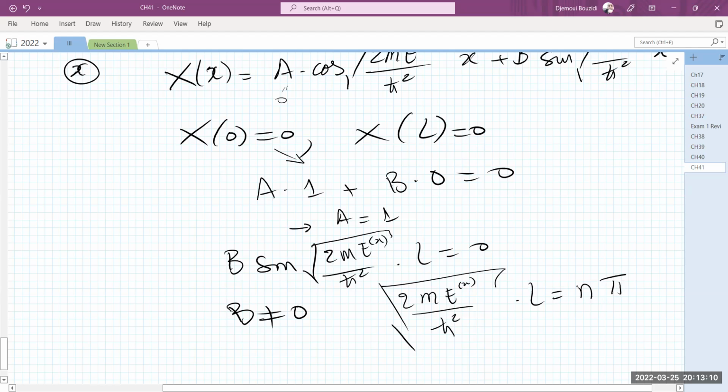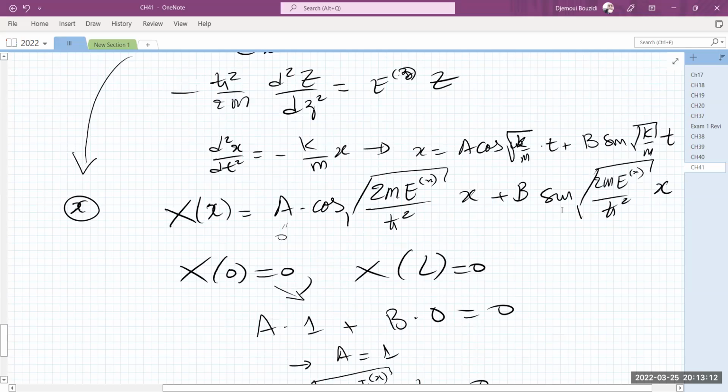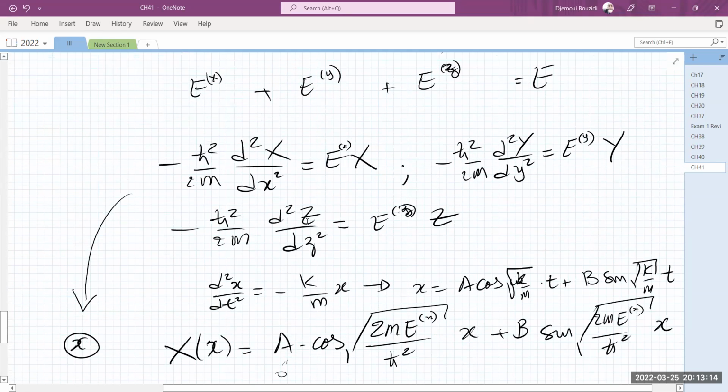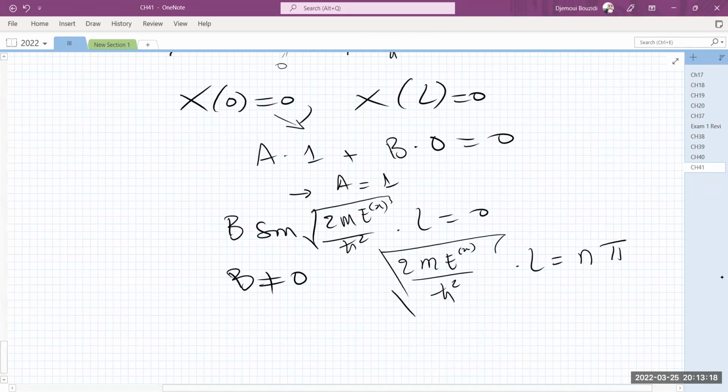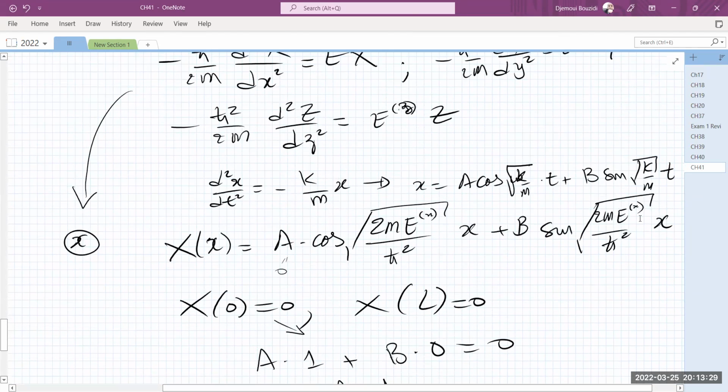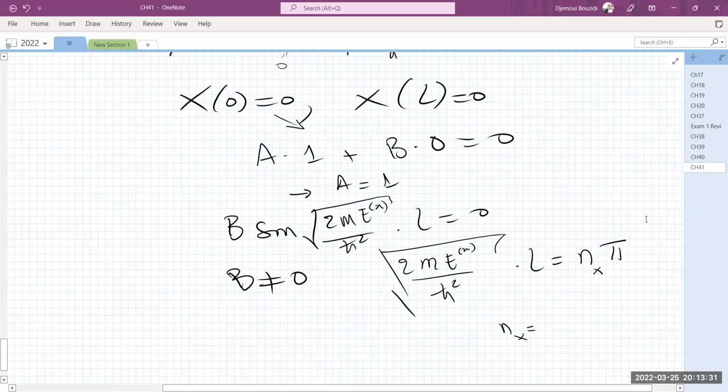Since I have the same equation in the y direction and in the z direction, and I'm trying to focus on each direction at a time, I'm going to call this integer n of x. So nx can be anything if you wish, except 0, honestly, because if it's 0, then the sine of 0 is going to be back to 0, and we don't want that. So nx really should be plus or minus 1, plus or minus 2, and so on and so forth.